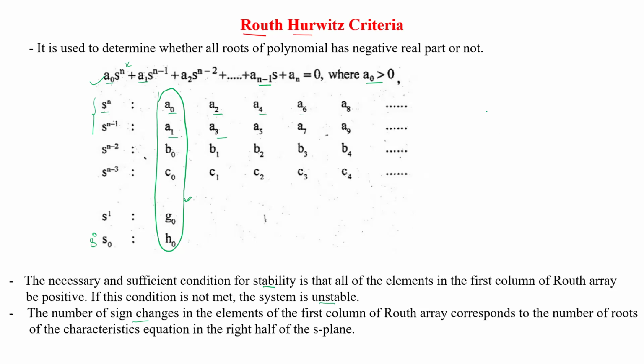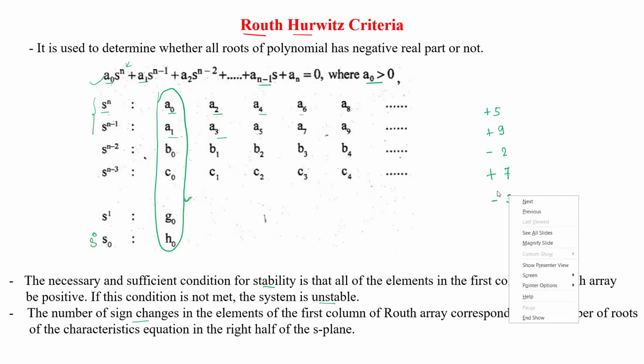For example, suppose we have plus 5, plus 9, then minus 2, again plus 7, and now minus 3. Here the sign has changed from positive to negative, and again from negative to positive.